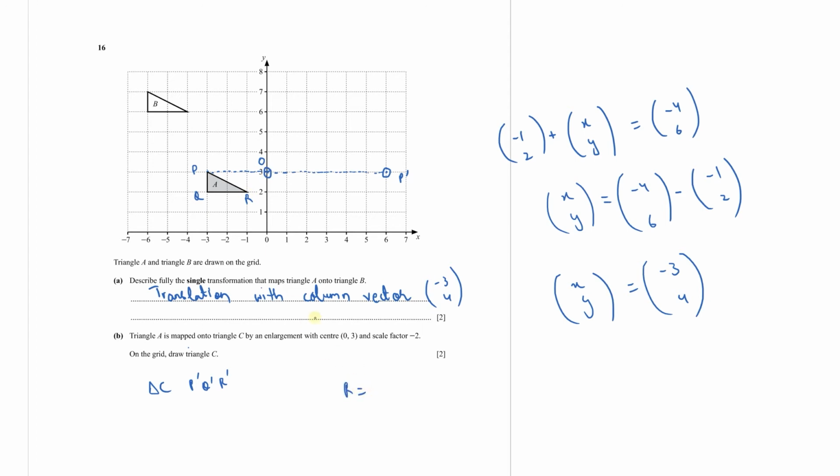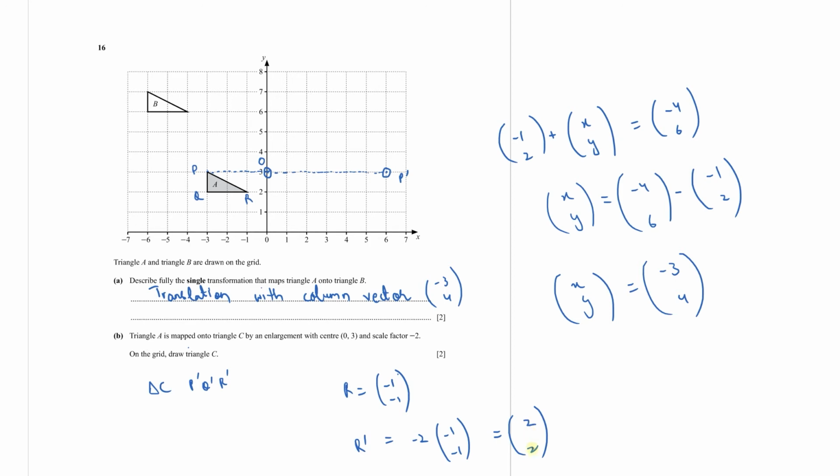I can write R as (-1, -1), because you go 1 point in the negative x direction and distance 1 in the negative y direction. So R with respect to O will be (-1, -1). To find R prime, you simply multiply your scale factor, -2, with the column vector of R. So -2 times (-1, -1) equals (2, 2).